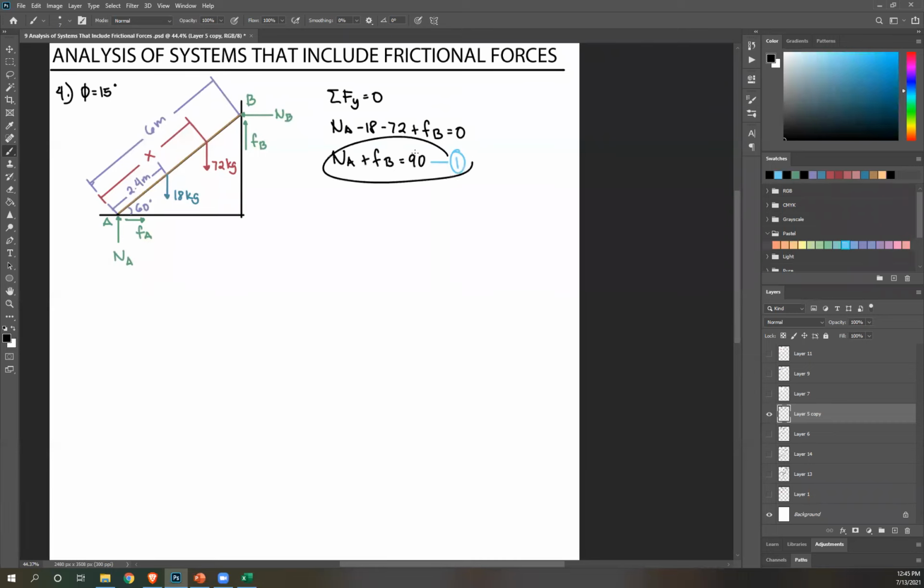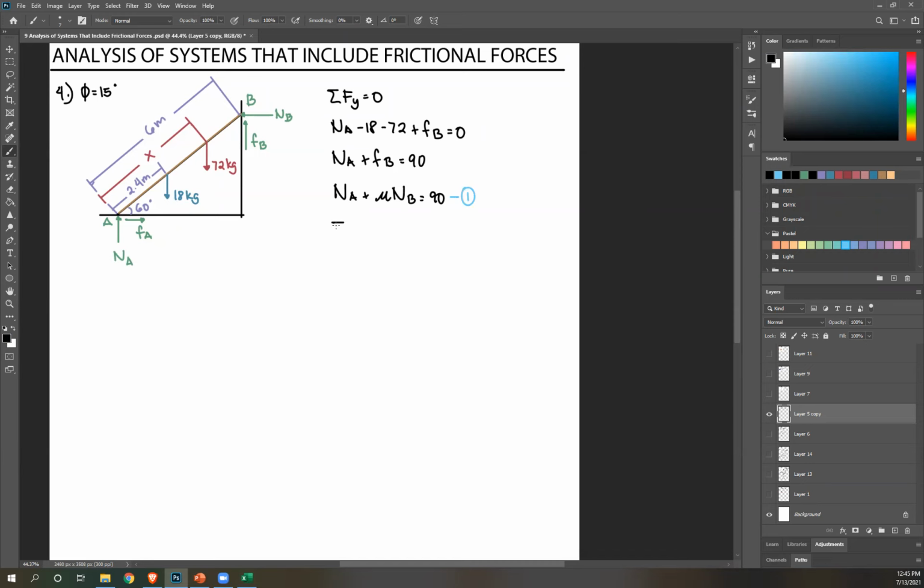Let me further rewrite this, because again, F, if you know, is mu N. So we can write this as NA plus mu NB equals 90, so that all of our variables are in terms of normal force. Okay, again, that's our equation 1.